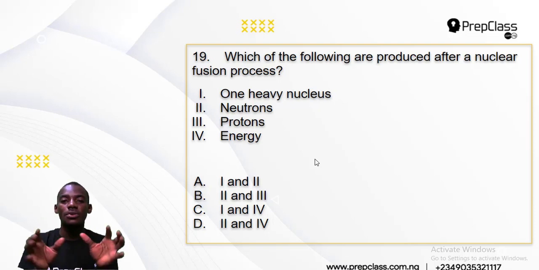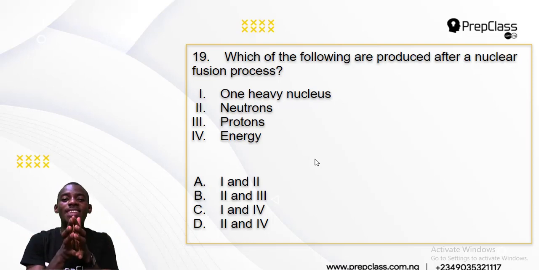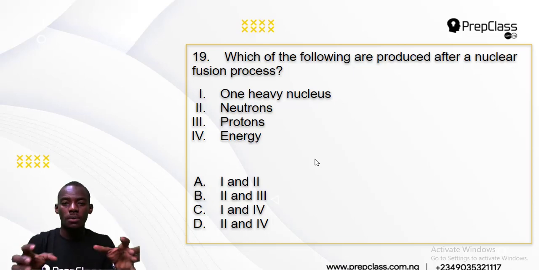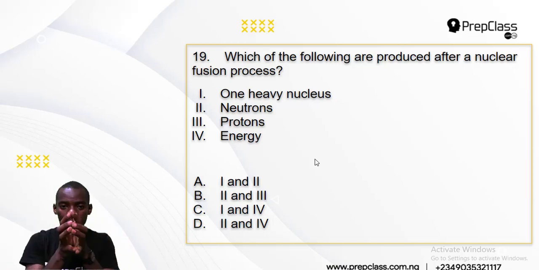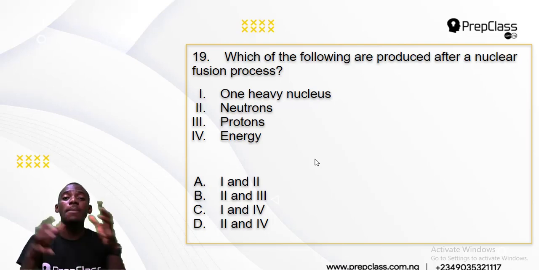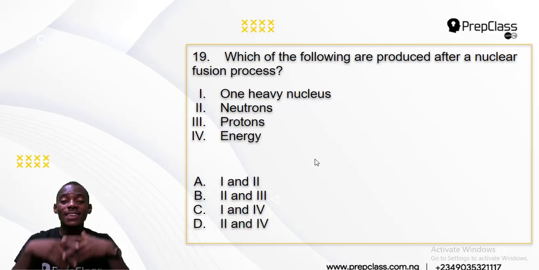What I mean is that two nuclei form one. When they fuse into one, that is called the fusion process. That's nuclear fusion. It is like two stones joining to form one, and that one is massive. That is an example of nuclear fusion, and in the process of forming one, there's a release of energy.